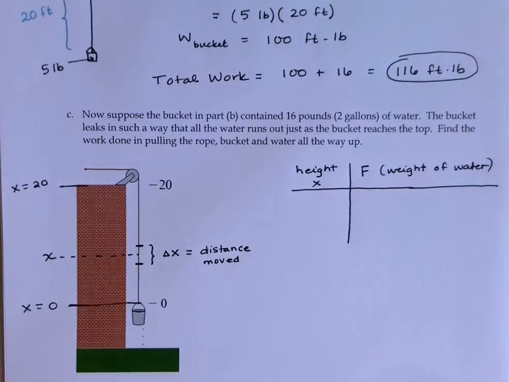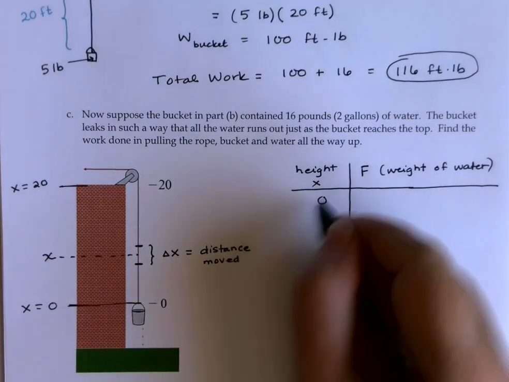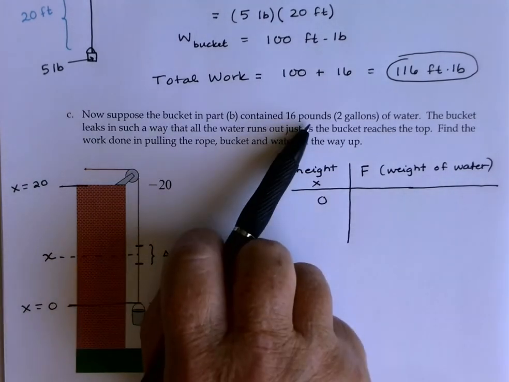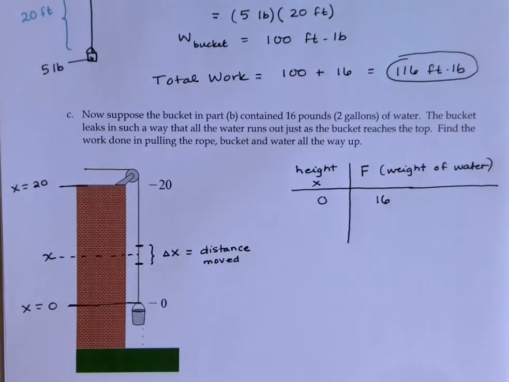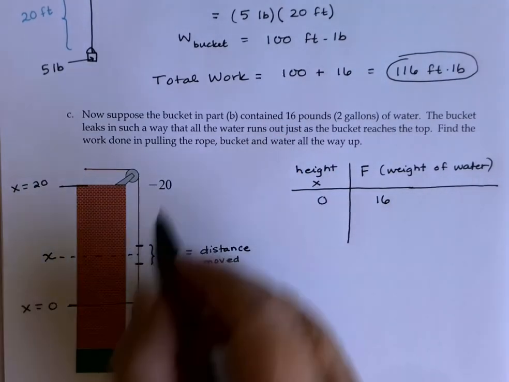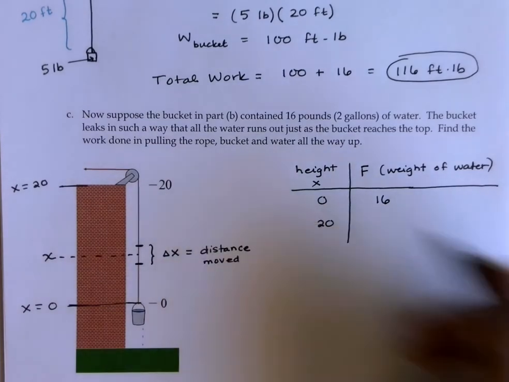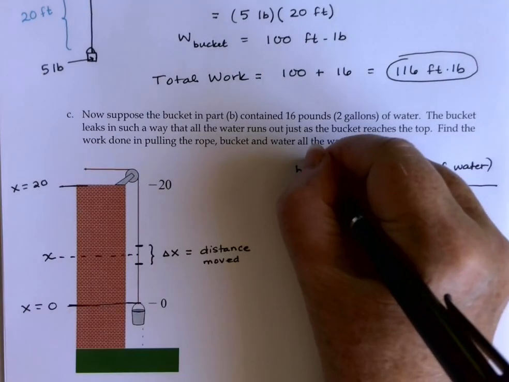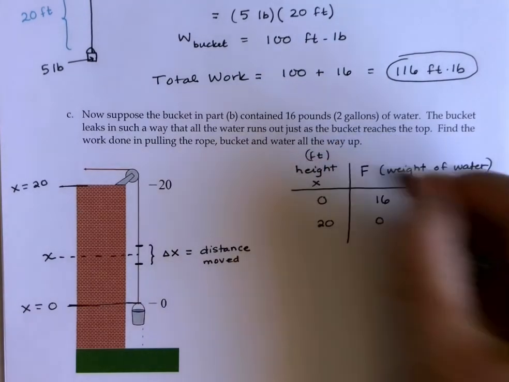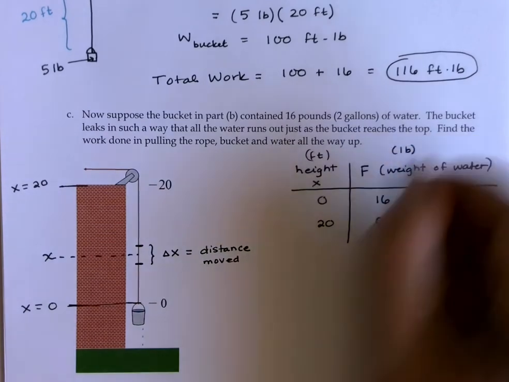And since I actually know 2 points, it's going to be pretty easy to make that into an equation. I know at height 0, at the beginning, we had 16 pounds of water. I also know that at the end, at height 20, all of the water is gone, so I now have 0 pounds of water. And the heights are in feet. The weight of the water is in pounds.